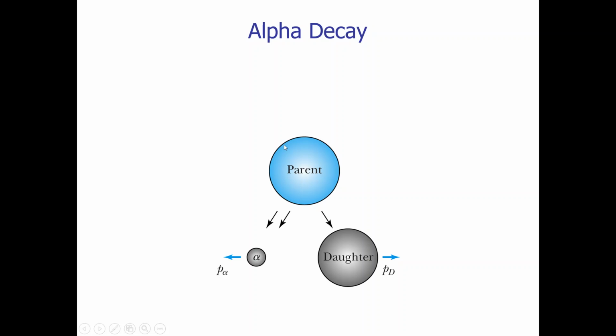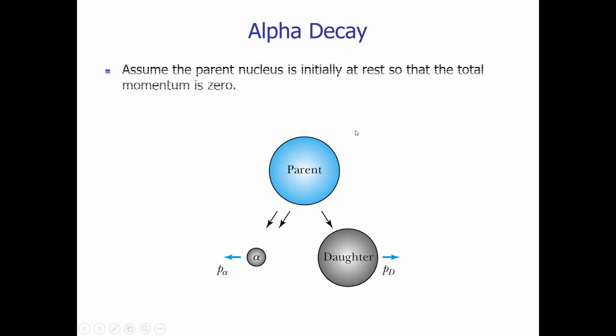Now, classically, we can derive a simple expression for the kinetic energy of the alpha particles. For that, we assume a parent nucleus initially at rest, so the total momentum is 0.